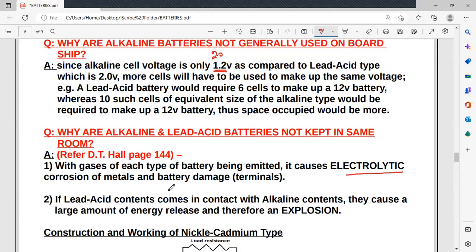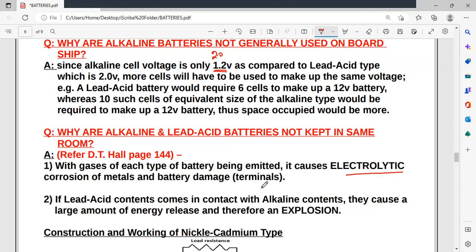Also, if the lead acid electrolyte, diluted sulfuric acid, no matter how diluted it is, comes in contact with alkaline contents, that is why I said use common sense. Think of your chemical locker on board ship. Acids are kept separate from alkalines.